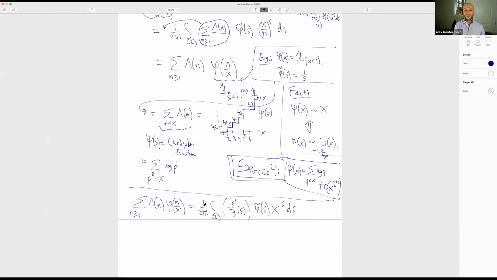What's another way we can analyze this integral? This again is an integral over the vertical line. If we pull this integral all the way back, we encounter poles. Where do we encounter poles? Zeta prime is a nice function. What's that, Nick?